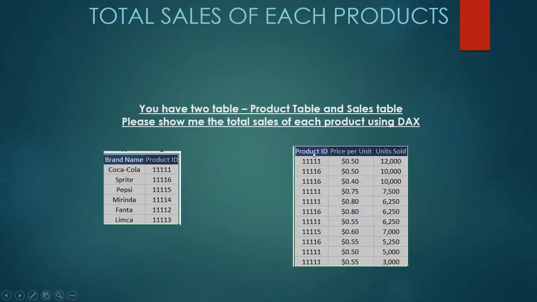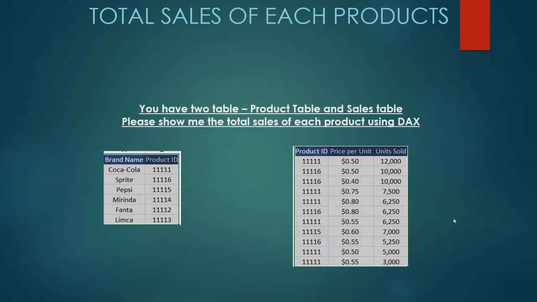And here we have repetition of each product with the sales data, and we have price per unit and how many units sold for a particular period. So how are you going to find the total sales of each product using DAX functions? This is your question. So how to do that in DAX? We are going to see that.